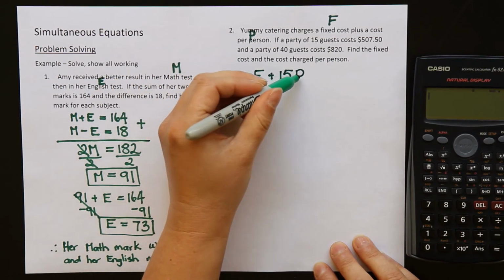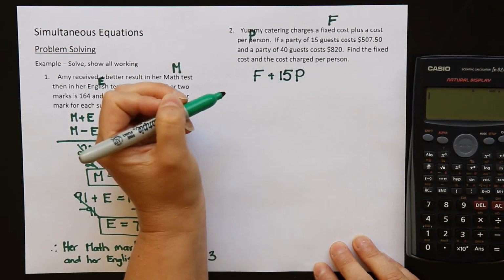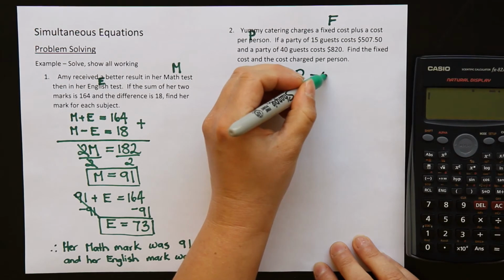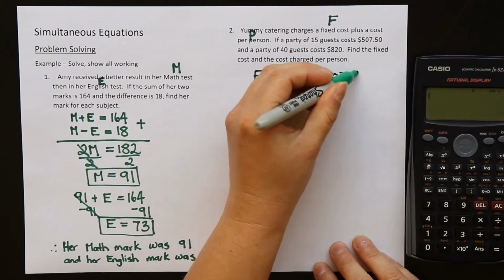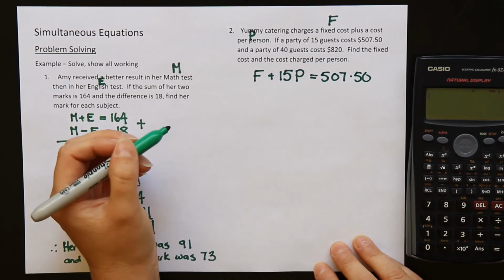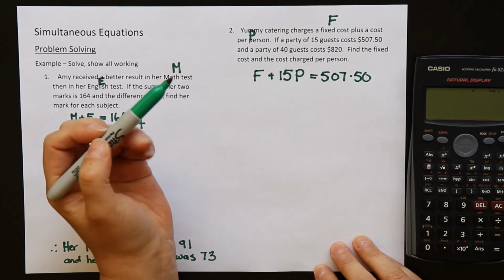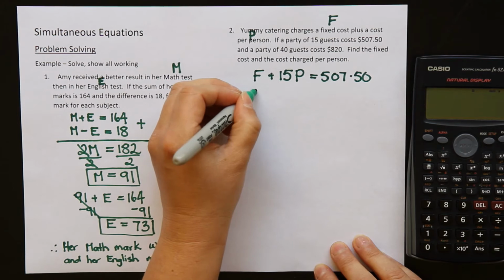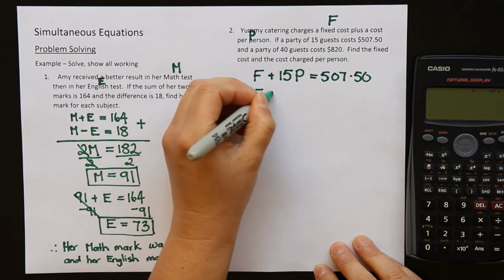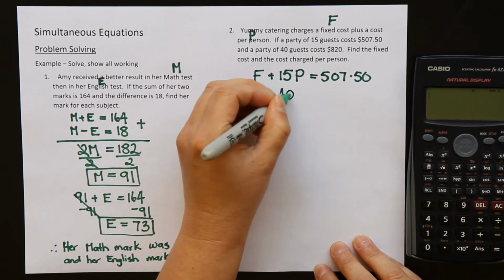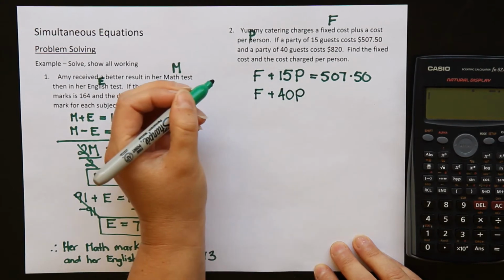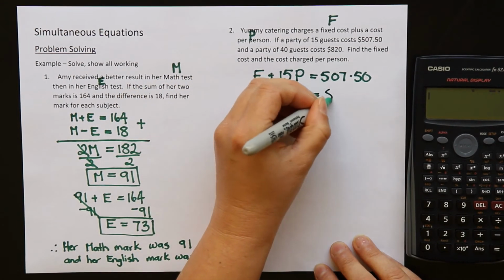So it's 15 times the cost per person plus the fixed cost is equal to $507.50. Then we have 40 guests that cost $820. Again, we would have a fixed cost, but this time we would have 40 times the per person cost is equal to $820.